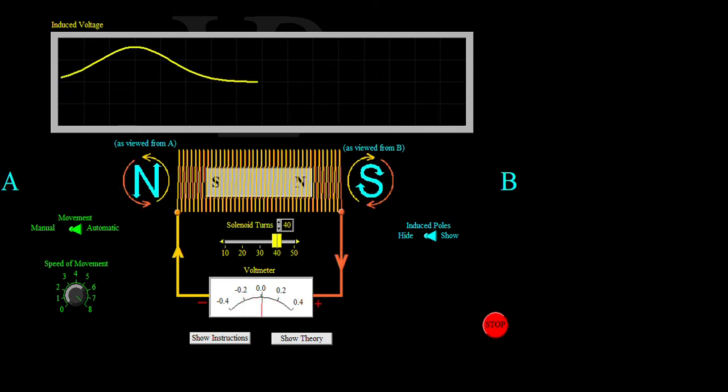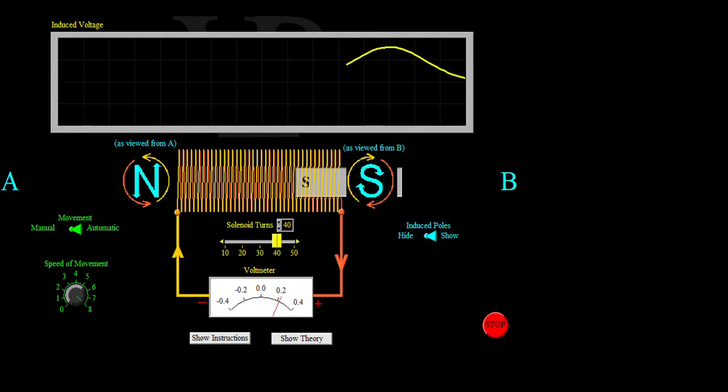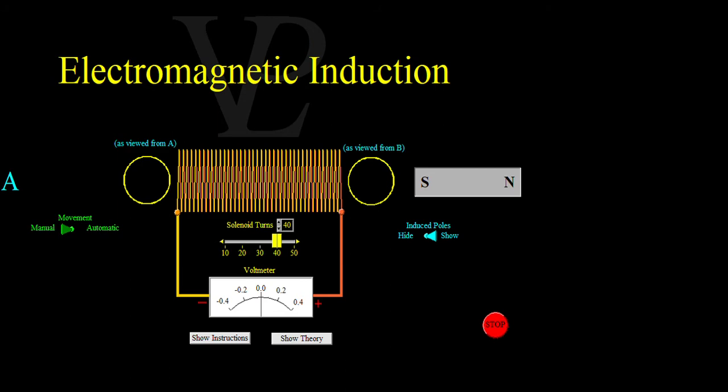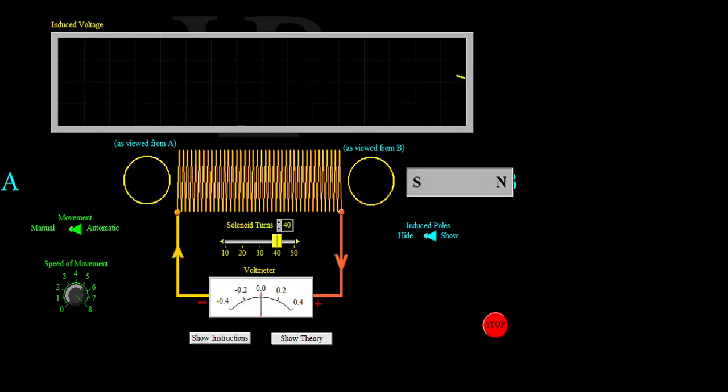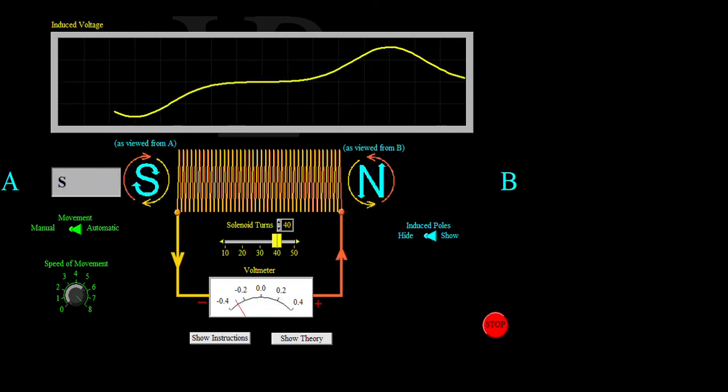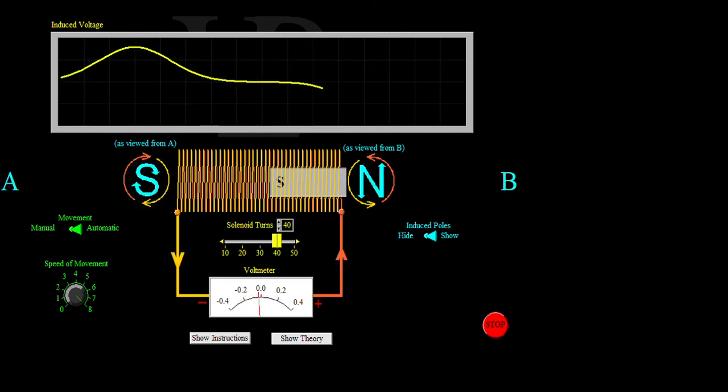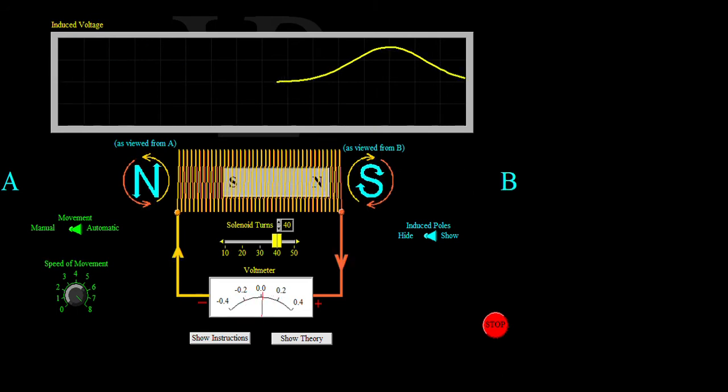So as it's coming in, a north pole is induced, which is trying to push it out. As it is leaving, the pole is induced to attract it back in. Watch. So here it's trying to pull the south pole back in, and then as the south pole comes in, the south pole is induced trying to push it out.